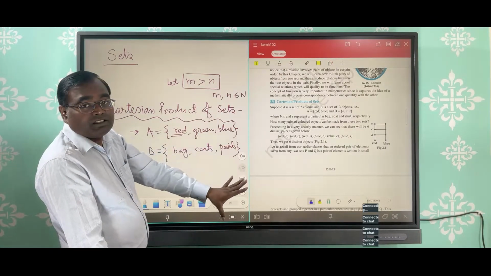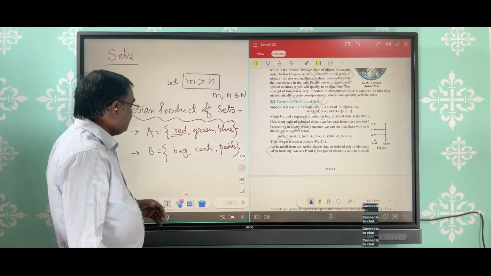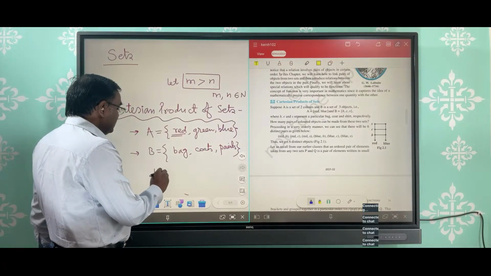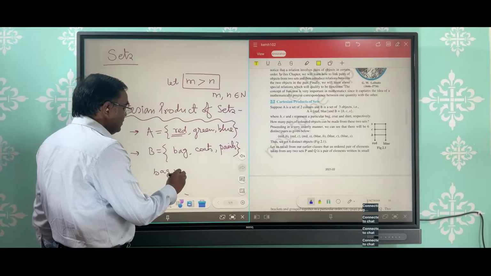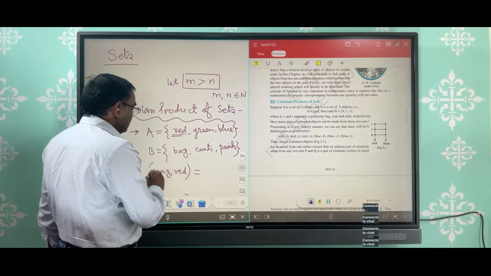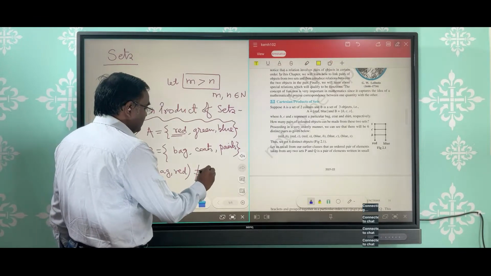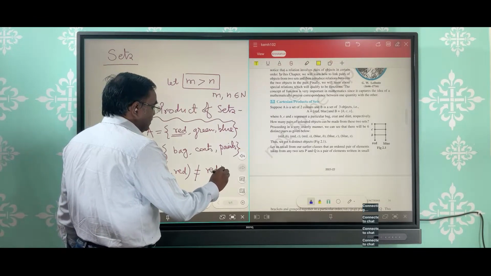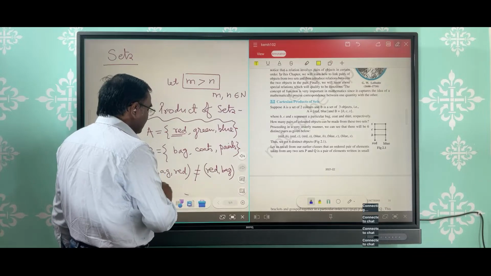It doesn't mean that the bag-red combination is the same as the red-bag combination. So order matters. Okay.